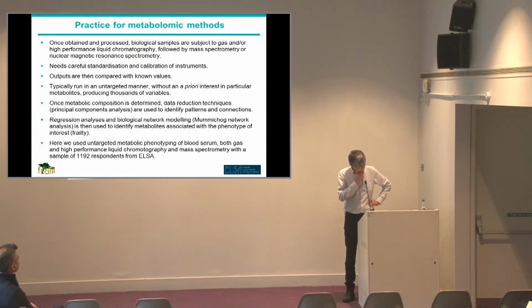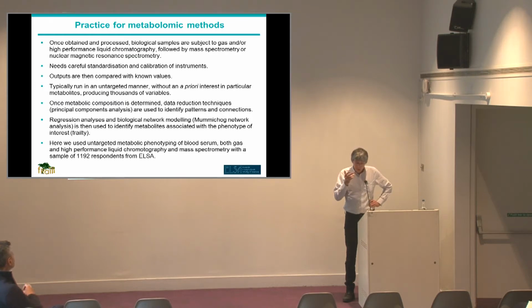Then you use biological network modeling, so known biological networks, known biological processes, to understand the relationships between the things that you've measured using the metabolomics process that I've just described.